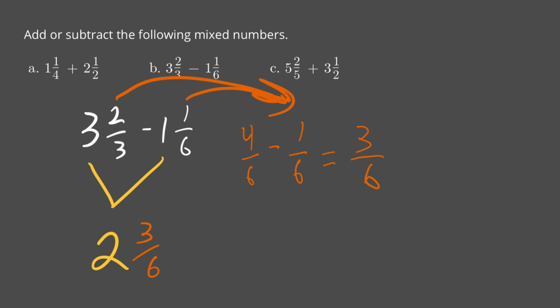To do that, we will rewrite it as 2, and then the simplified version of 3 over 6 is a half. And we know that because the 3 and the 6 can both be divided by 3. So our final answer is 2 and a half.